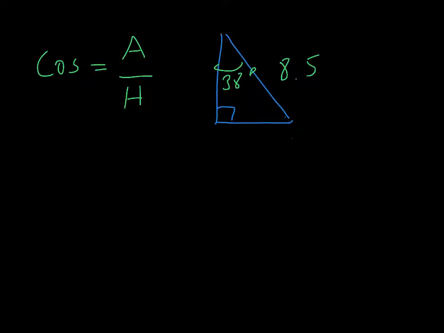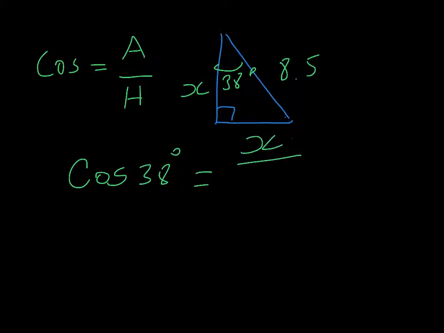Therefore, we don't know what our adjacent is. So we need to write that in. So cos 38 degrees equals x, because we don't know what adjacent is, over 8.5, which is our hypotenuse.